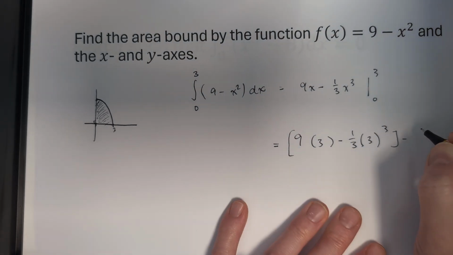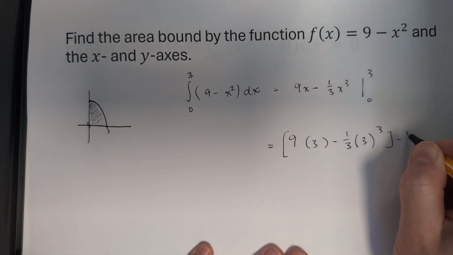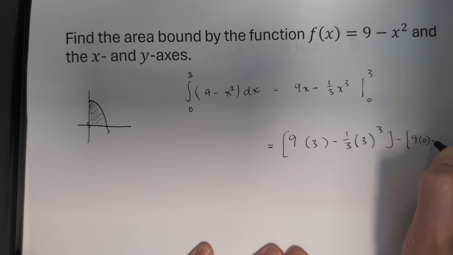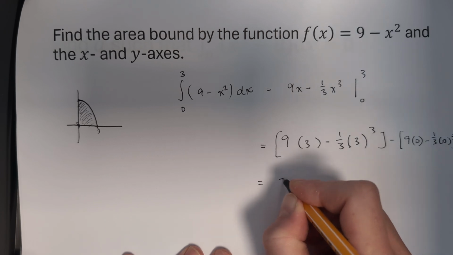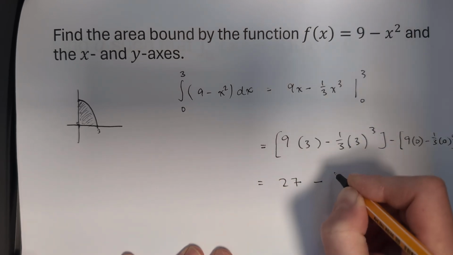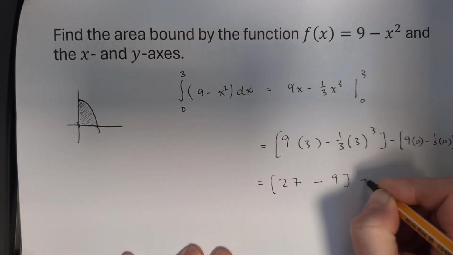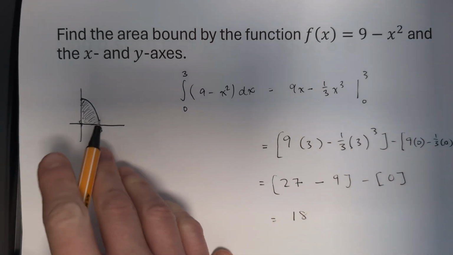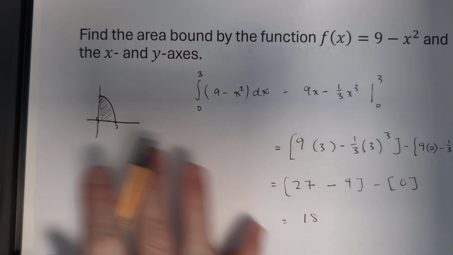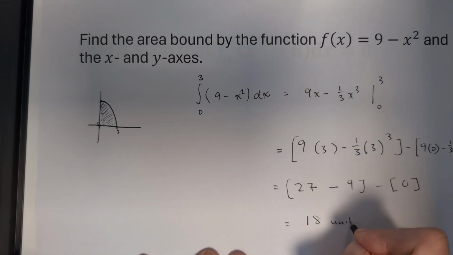Of course, this is going to be 0 when you take away the lower bound, but I'll be somewhat pedantic about it here. Hopefully you can still see that, okay? And you're going to get 27 minus 9 minus 0. So 18. This would be the area under this curve. Units, we don't have any other units here, so units squared.